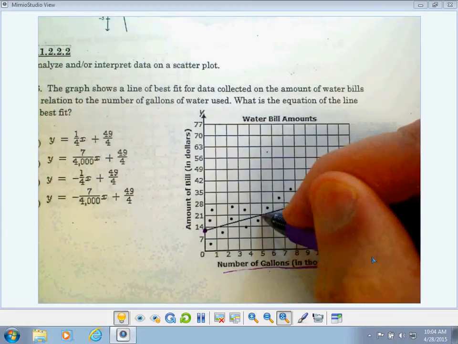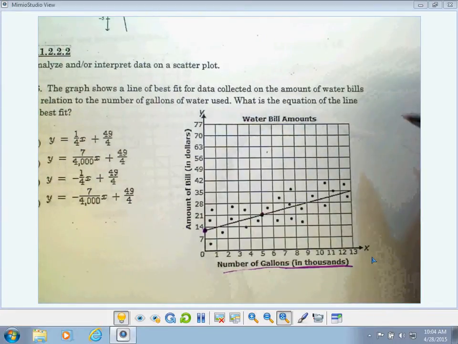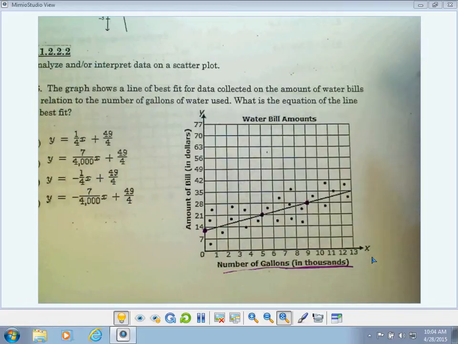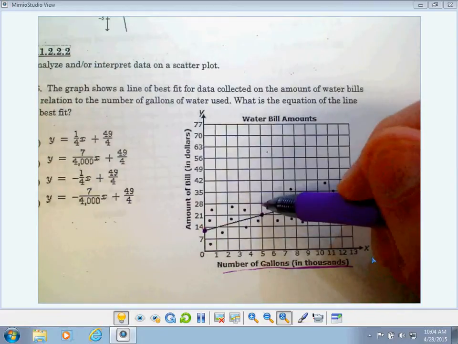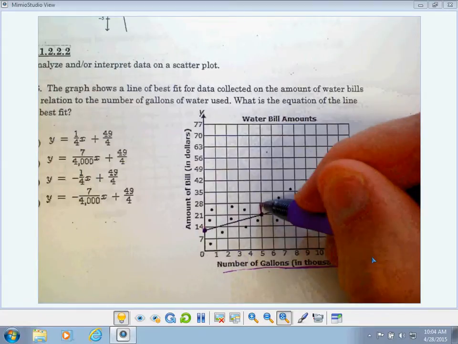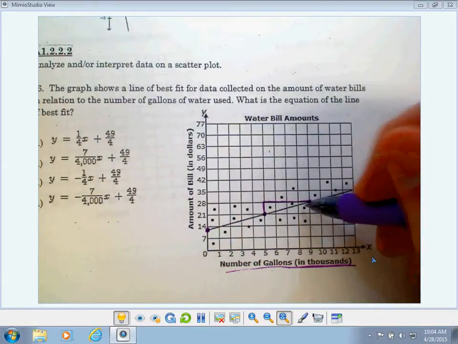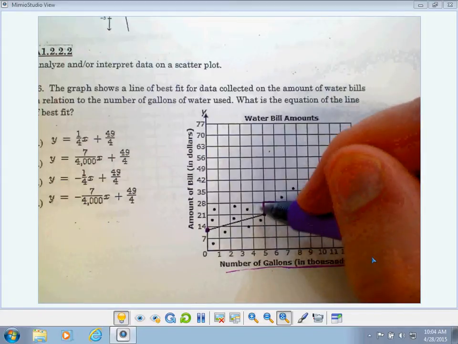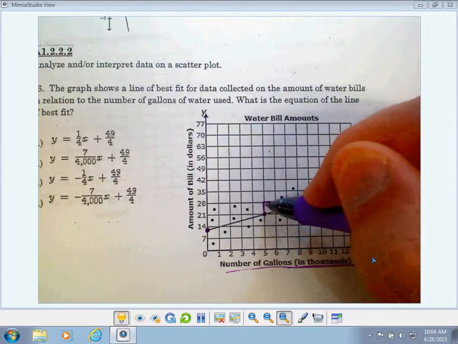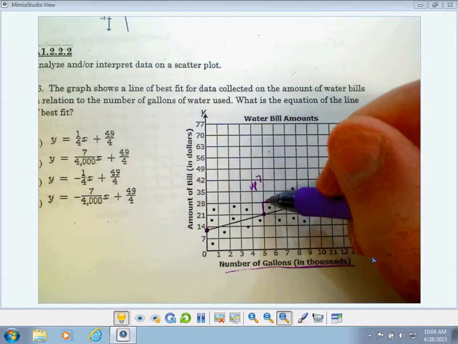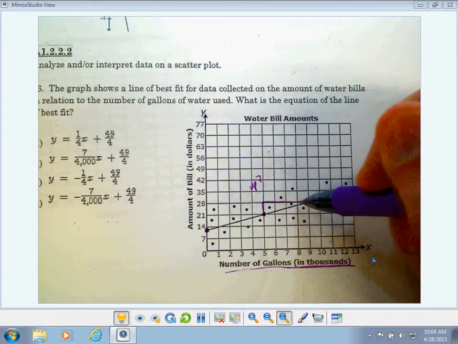How about right here and right here? Easy to count. We went up this way and over this way. That's how we're going to count a slope. Rise and run. Right? But the rise here, how much did we go up? We went up from 21 to 28. We went up 7. And then we're going over 1,000, 2,000, 3,000, 4,000.